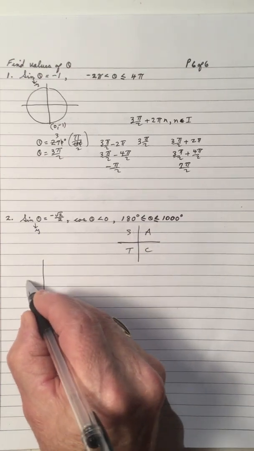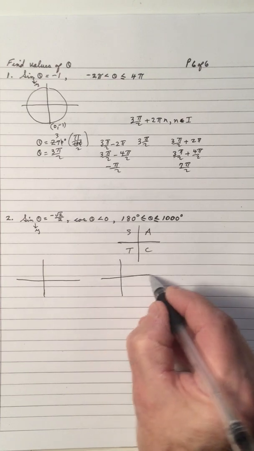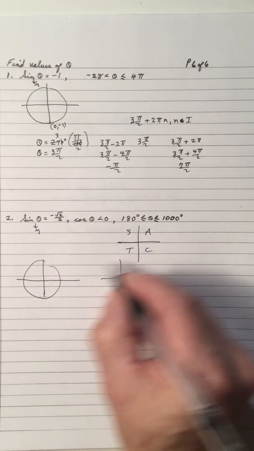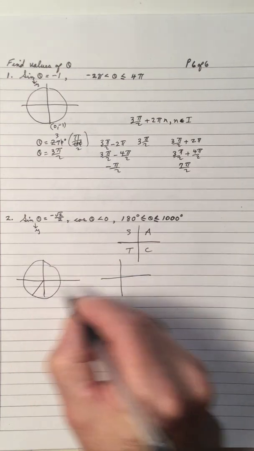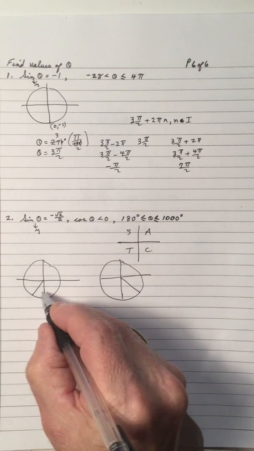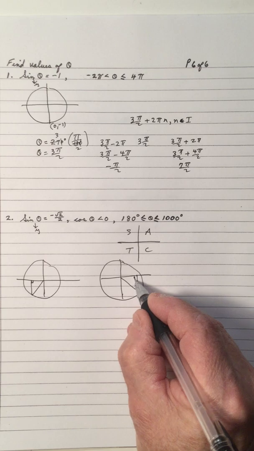So it's negative in 3 and 4. So it's negative in 3 and negative in 4. There's 3. And here it is in 4. Perpendicular to the x-axis. Done.